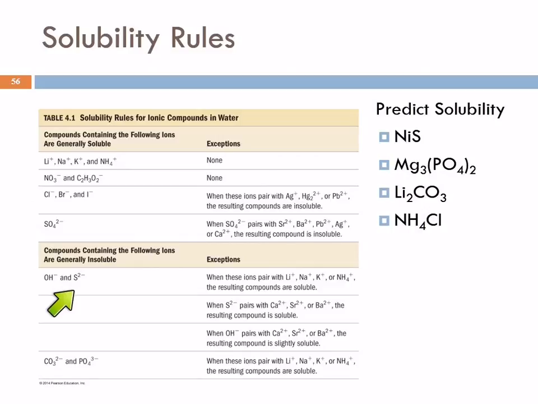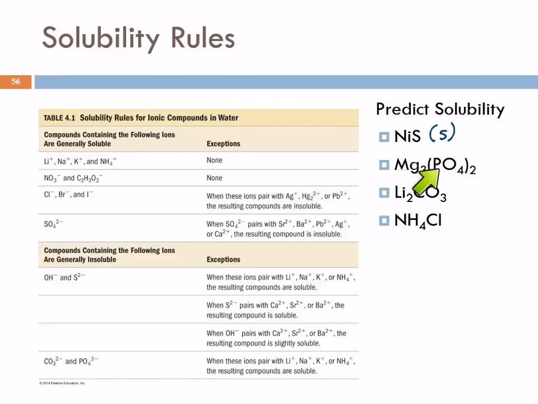Sulfides are generally insoluble, except with calcium, strontium, or barium. But that's not one of those exceptions. So this one is insoluble. So if we had this in a chemical reaction, the state of it would be a solid. It's not going to be aqueous because it's not soluble. So S for solid.